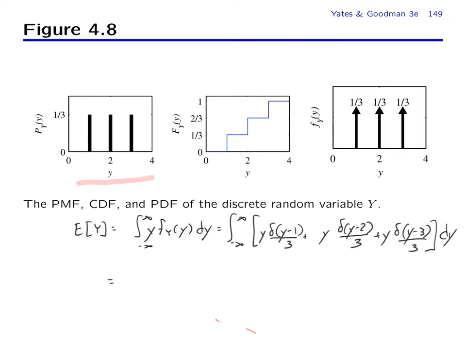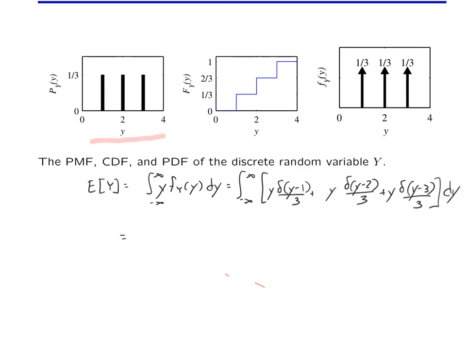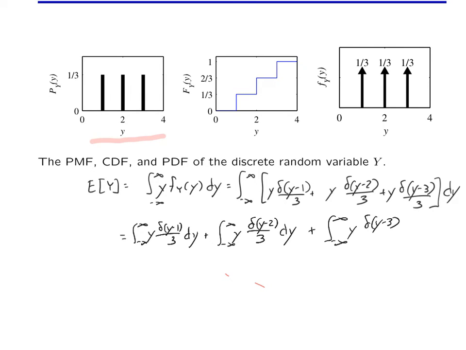And the next step is that we break up this integral into 3 separate integrals: the integral of y delta y minus 1 over 3 dy, plus the integral of y delta y minus 2 over 3 dy, plus the integral of y delta y minus 3 over 3 dy.